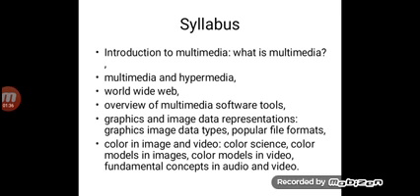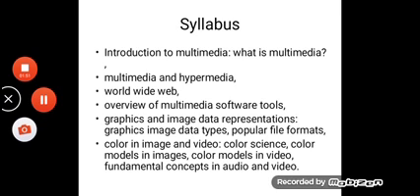Then we started in the last video session about graphic and image data representation, in which we have seen the image data types. So different data types of images that we have seen, that is 1-bit grayscale images or monochrome images, followed by 8-bit grayscale images, followed by 24-bit color images and 8-bit color images.